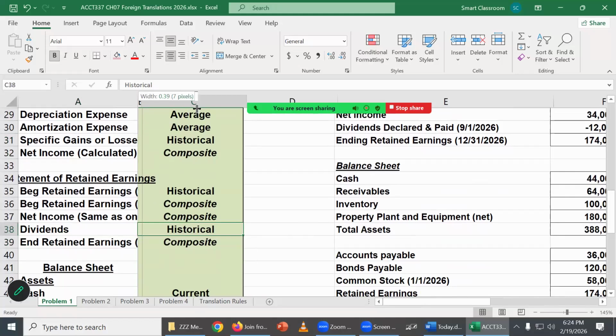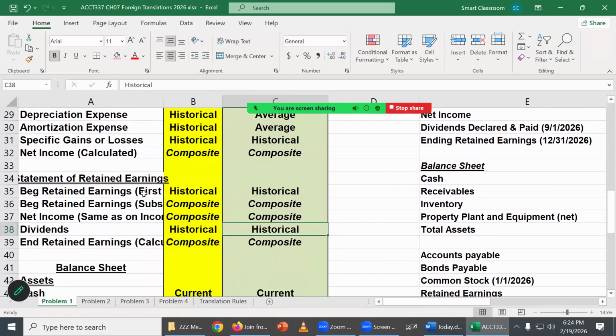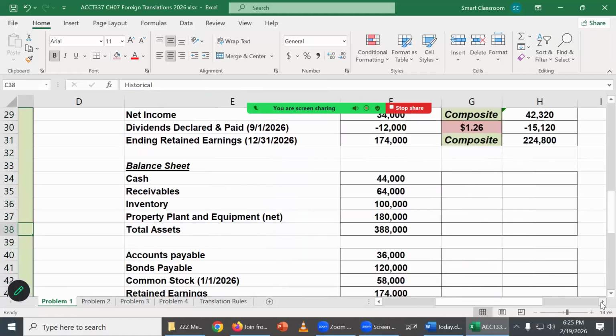We have two retained earnings there. What are those? Oh, I know what that is. Okay. First one's historical, subsequent ones are composite. Wait a minute, I don't need that. It's the same on this one. All right.